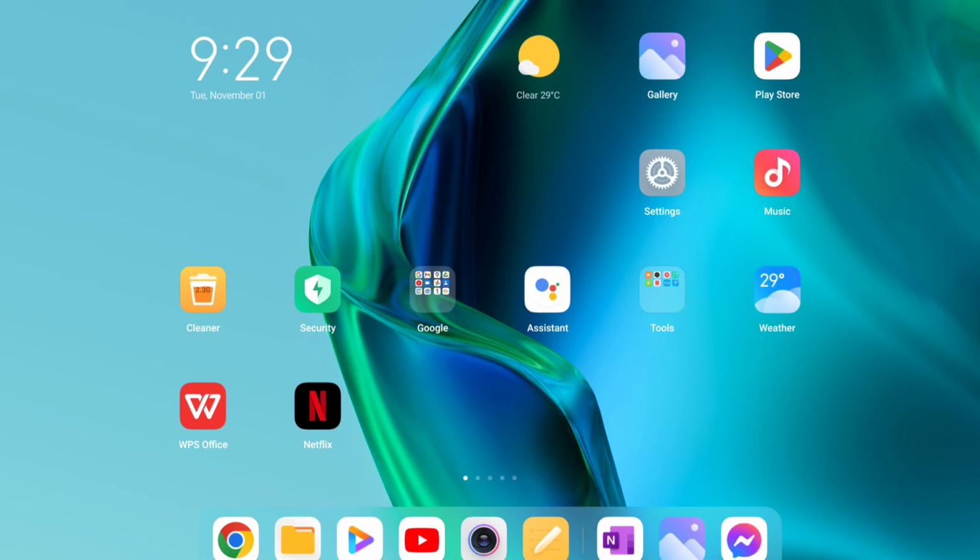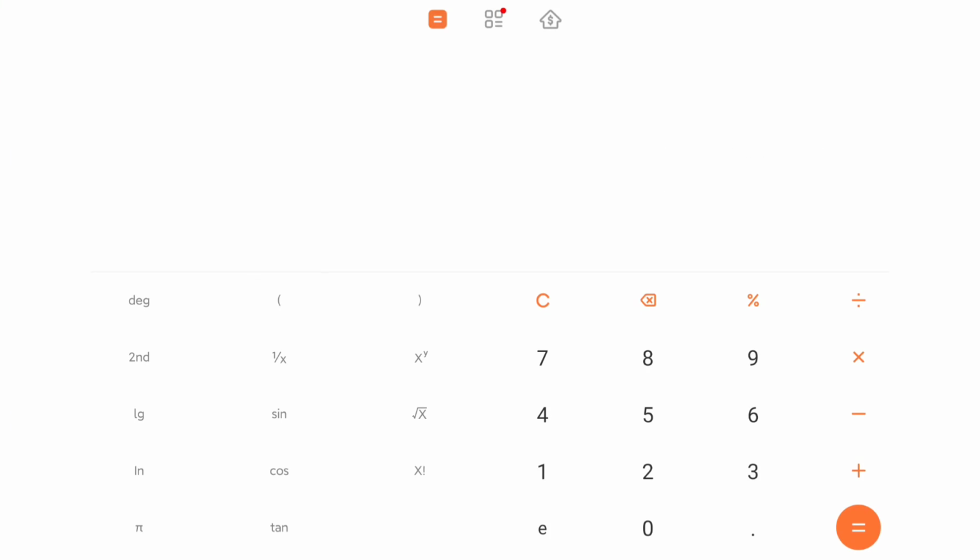So let's go for the calculator and let's find it. Okay, so this is 1 divided by root 3 minus 1. So root 3 minus 1. So 1.366.